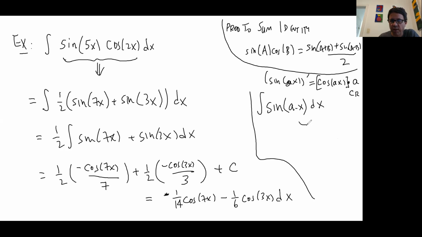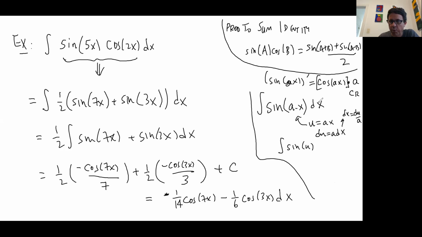This one, if I did a u substitution, u equals ax, then I'll get the integral of sine of u. Du is a dx, so dx is du divided by a.